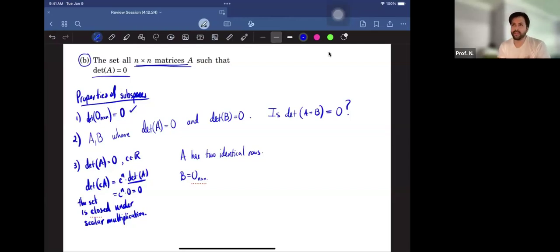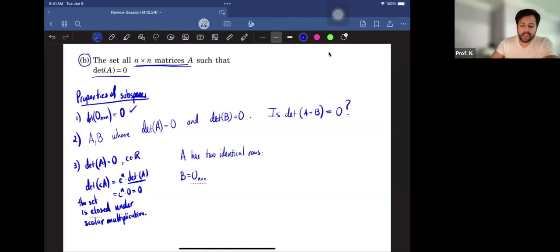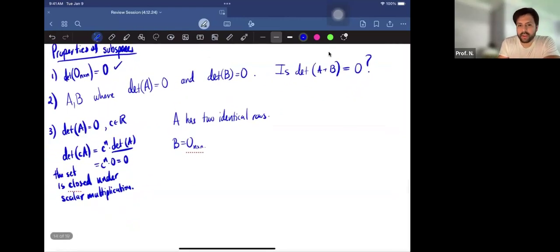Now, the thing you propose, does it always produce a determinant that's non-zero? That's where I have to think, and I feel like I can come up with something where your scenario doesn't give what we desire, which is to show that this is not true.